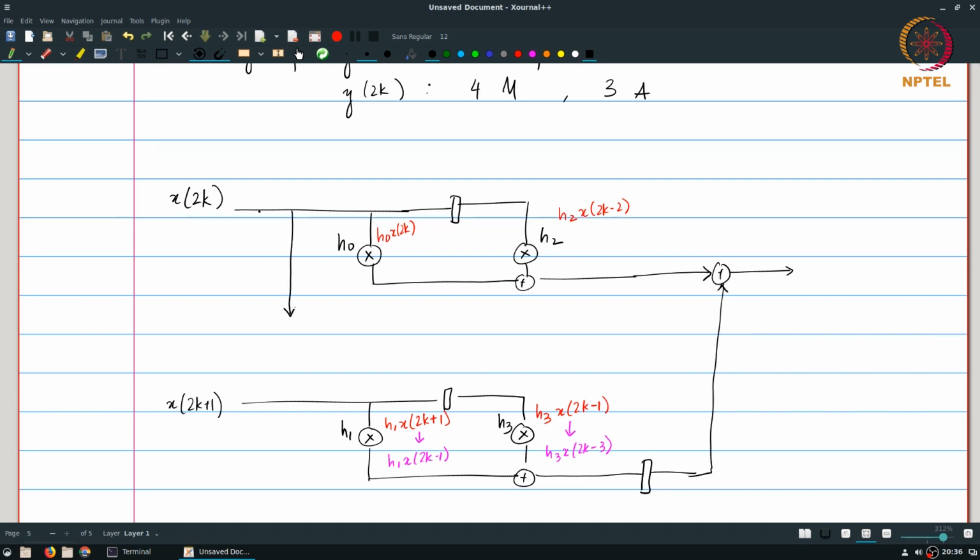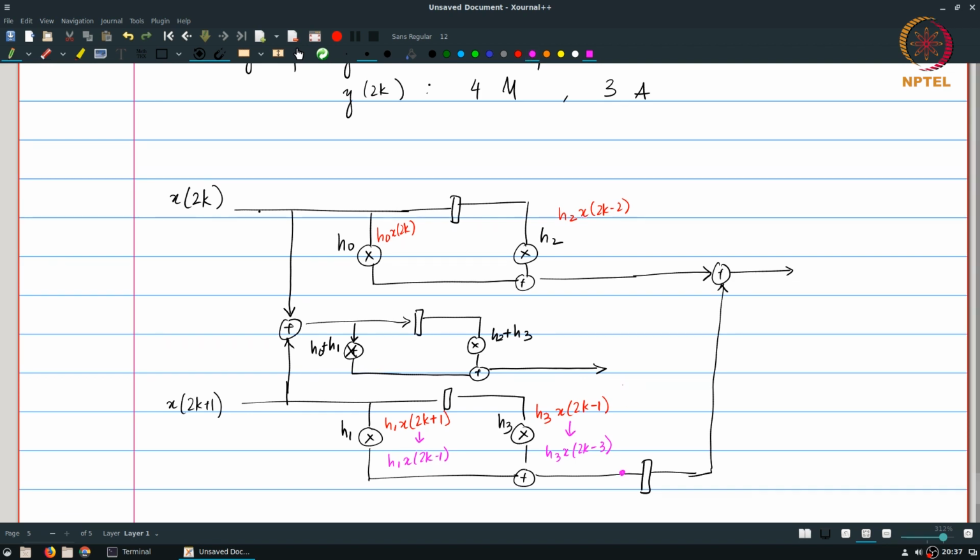What we do is we take these values x of 2k and x of 2k plus 1, add them together, and now put this through another architecture that looks something like this. Now, this term that we have in the middle is interesting. What we can do with it is to basically consider the other two streams from the side.